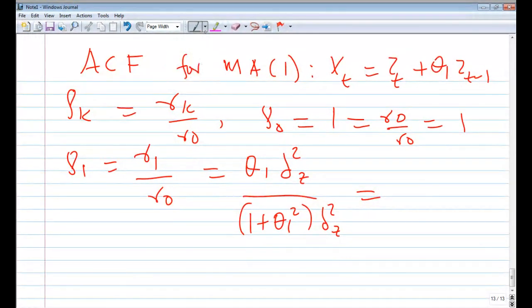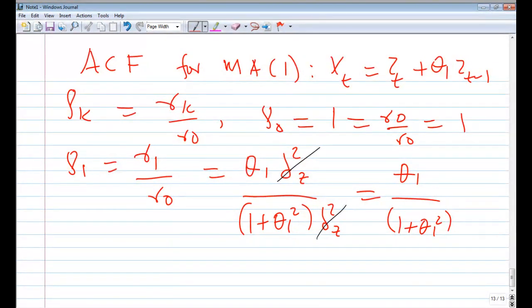The sigma squared z cancels, and we are left with theta 1 over 1 plus theta 1 squared. So rho 1 is equal to theta 1 over 1 plus theta 1 squared.